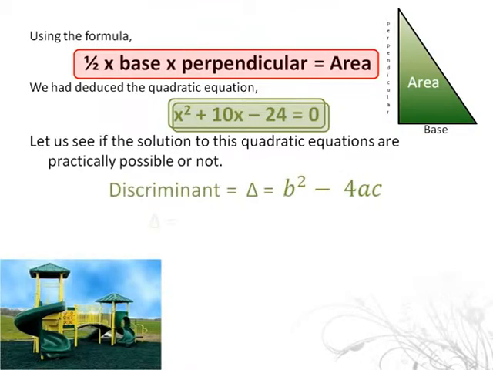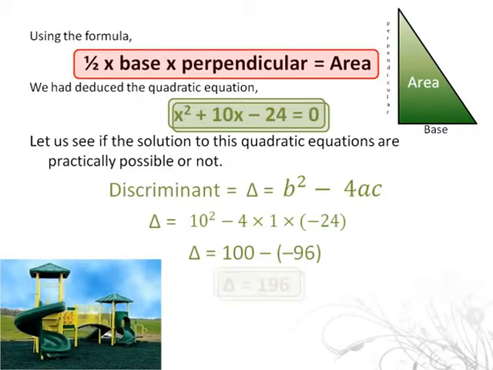We know the discriminant is given by b square minus 4ac. Substituting the values, we get delta as 10 square minus 4 into 1 into minus 24, which on simplification becomes 100 minus of minus 96, or the delta becomes 196. As this is greater than 0, a positive number, I can say that the roots are real and distinct.